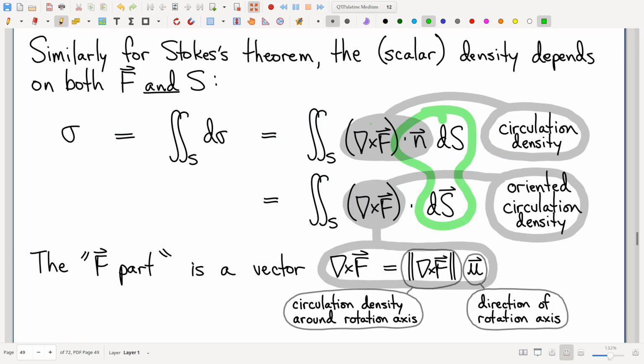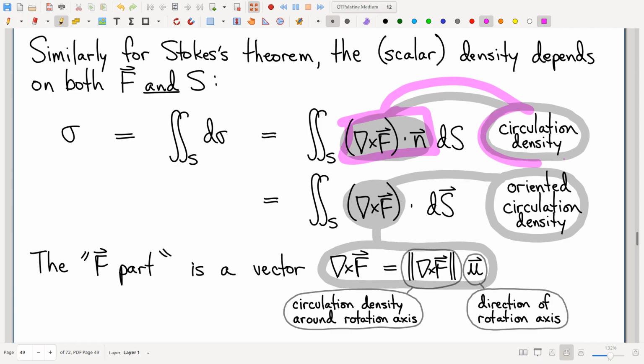And now this density is circulation density because it's what we multiply by size to get stuff.